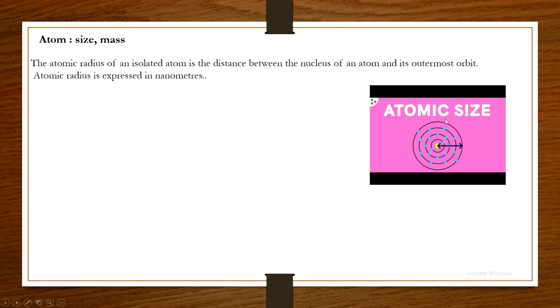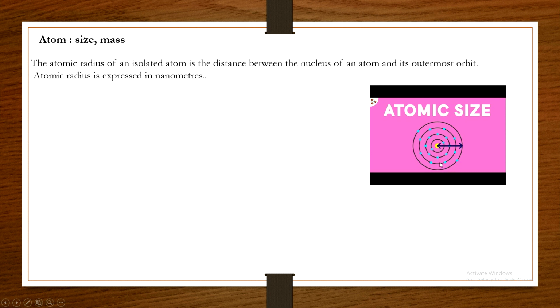In this image you can observe the nucleus, and these are the orbits K, L, M, N, the different orbits. Electrons are revolving in the orbits, and we know that protons and neutrons are placed in the nucleus. Now how to define atomic size?